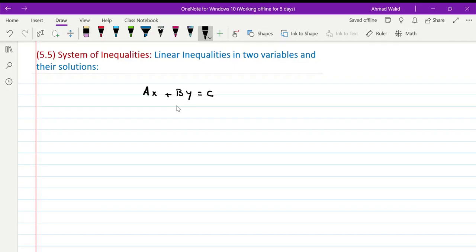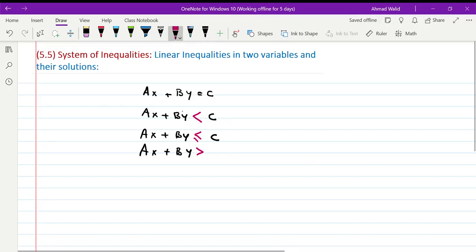Now, if I change the equal sign to one of these symbols, if I write, for example, ax plus by less than c, or ax plus by less than or equal to c, or ax plus by greater than c, or ax plus by greater than or equal to c.